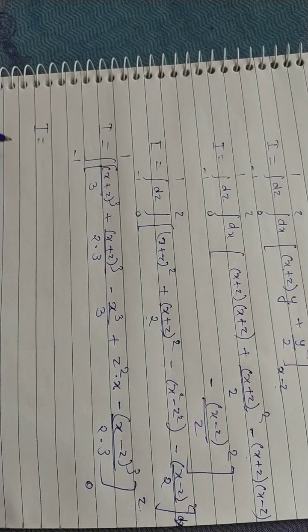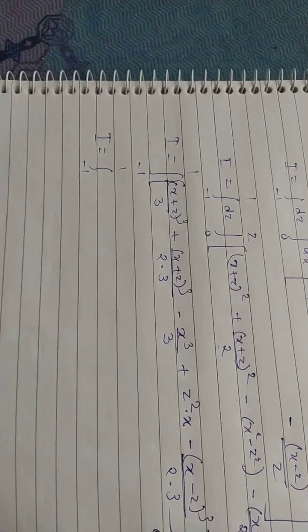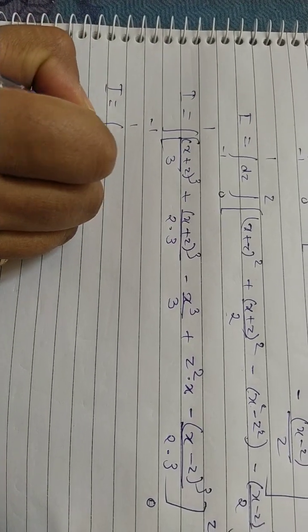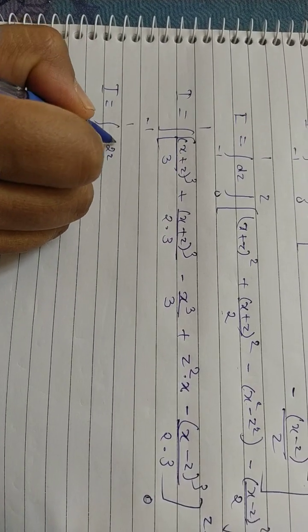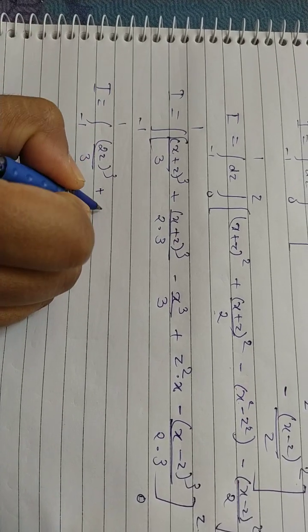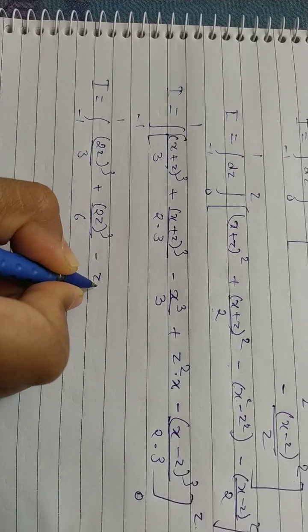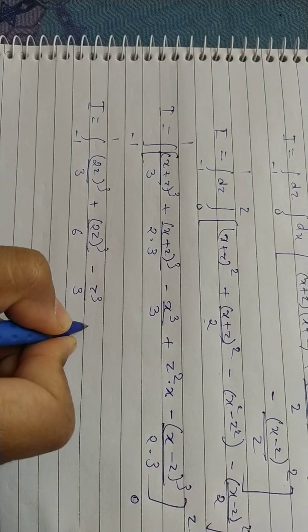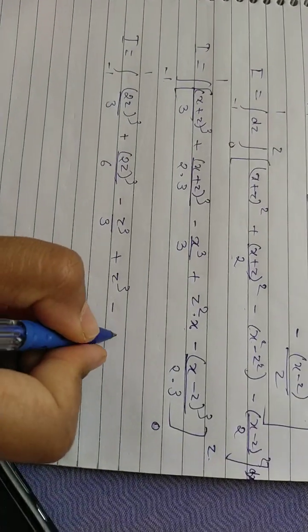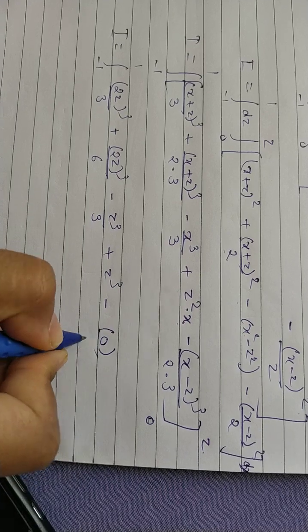Okay, now this is integral from -1 to 1. Substitute the upper limit. What is the upper limit? z. So this is z plus z, 2z cube upon 3, plus 2z cube upon 6, minus z cube upon 3 plus z square into z, minus z cube upon 6.